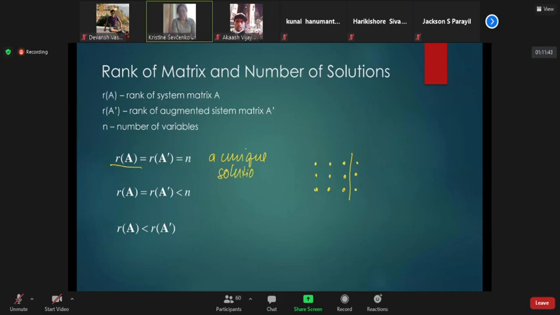Unique means one and only one solution, if the rank of the system matrix is the same as the rank of the complete augmented matrix. And of course, the number of variables is the same. In other words, we see that the system matrix is a square system matrix.